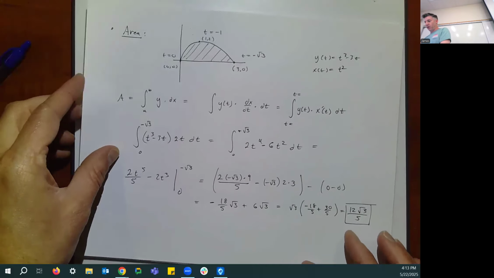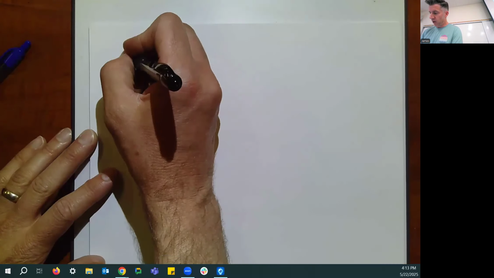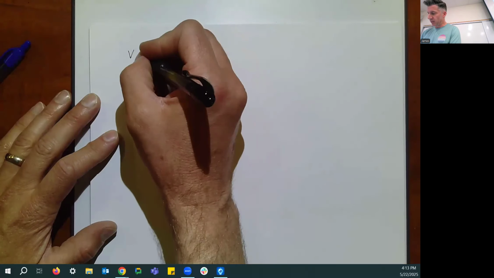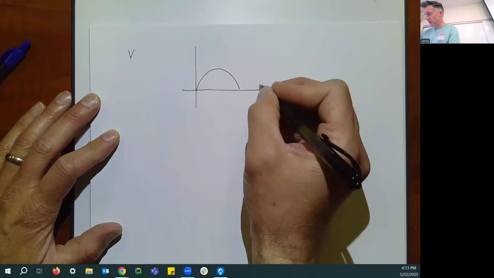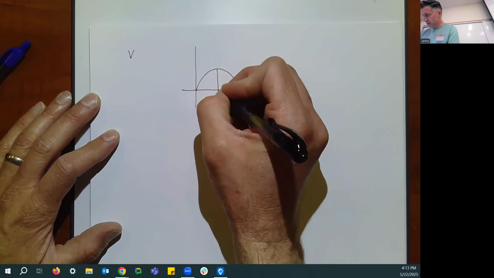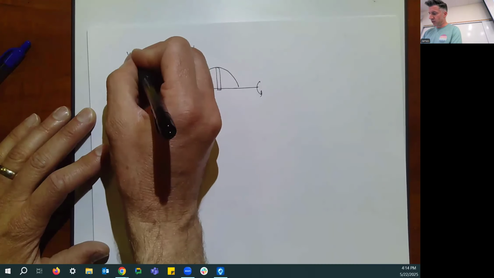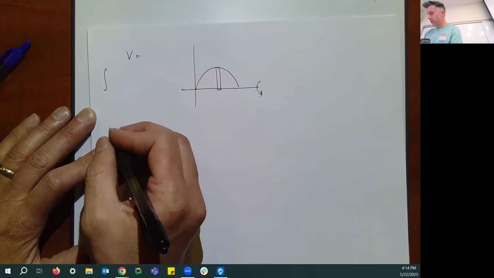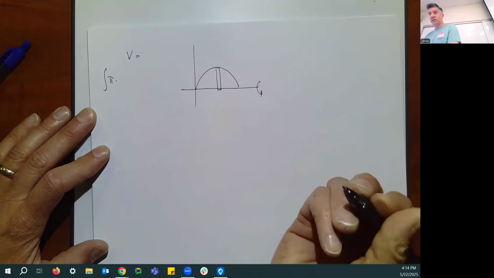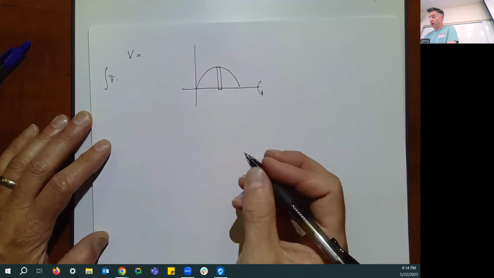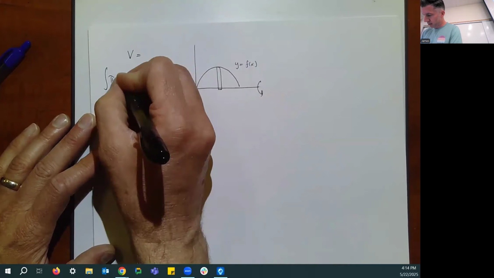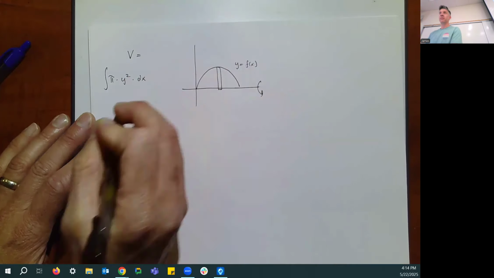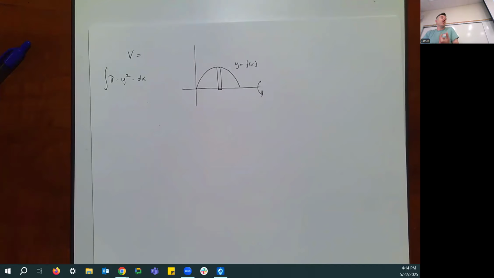So just like before, when you were finding, say, a volume of revolution, revolving around the x-axis, typically I would say my volume is equal to the integral of pi times my radius squared, which is my function squared, which is my y squared, where y equals f of x, times dx. And then we do the same trick we just did.